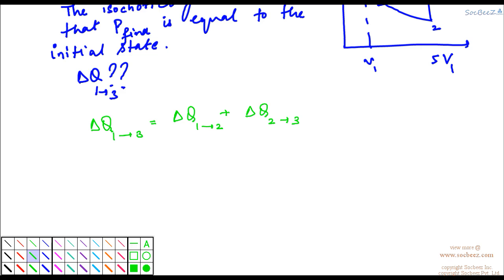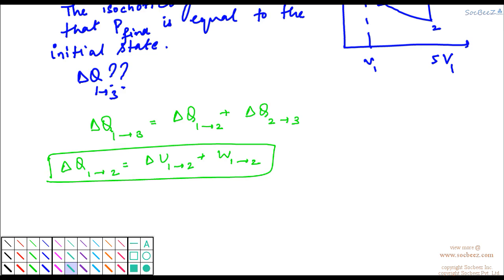So if you are able to find these individually, we can directly calculate the value for the whole process, right? So let's try and calculate Q12. Q12 would be nothing but delta U, change in internal energy for the process, plus the work for the process, right? Now we know that 1 to 2 is an isothermal process. So we know that delta U would be 0, right?